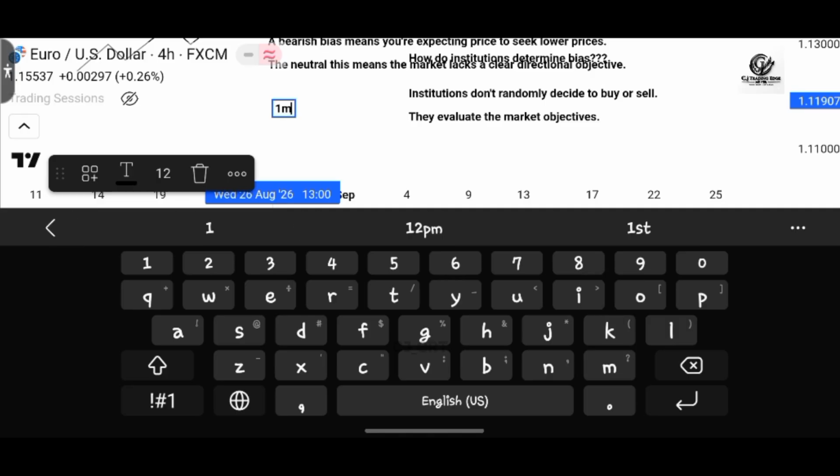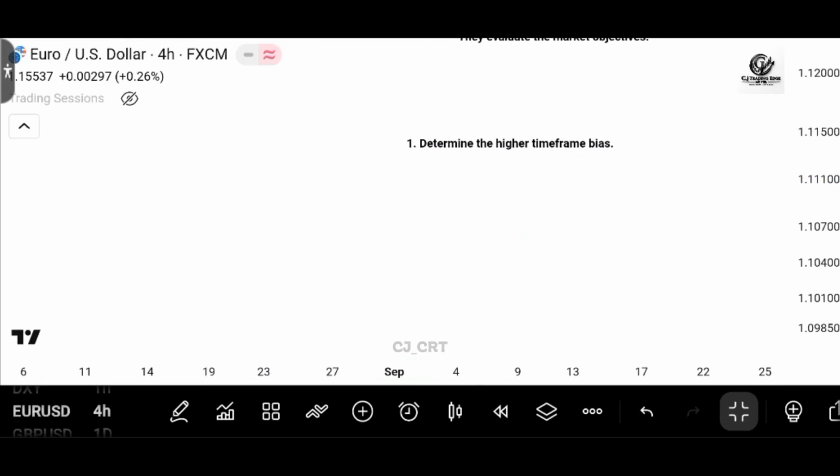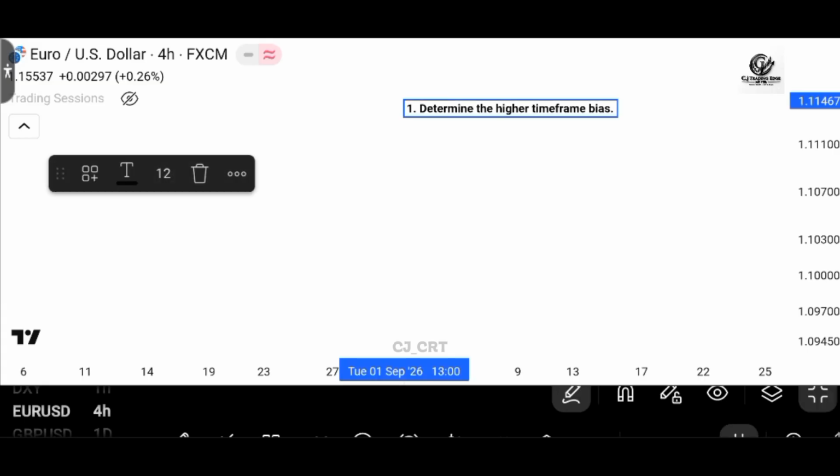Number one, determine the higher time frame bias. That's the first thing.